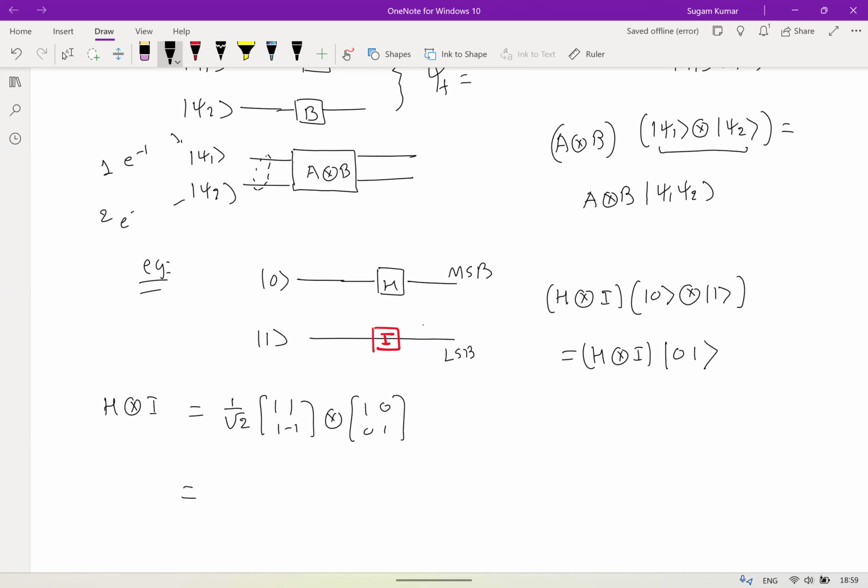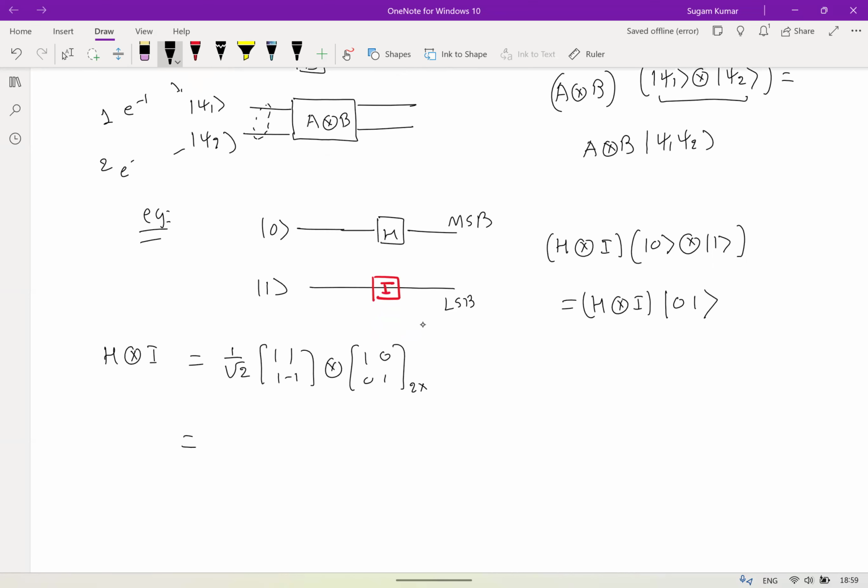Now this is a 2 by 2 matrix, and I'm going to get a 4 by 4 matrix. So this is going to become 1 by 2. You can see 1 multiplied gives the same quantity again, [1 0; 0 1], and [1 0; 0 1], and this becomes minus, so minus [1 0; 0 1]. So you can see that is the matrix here.